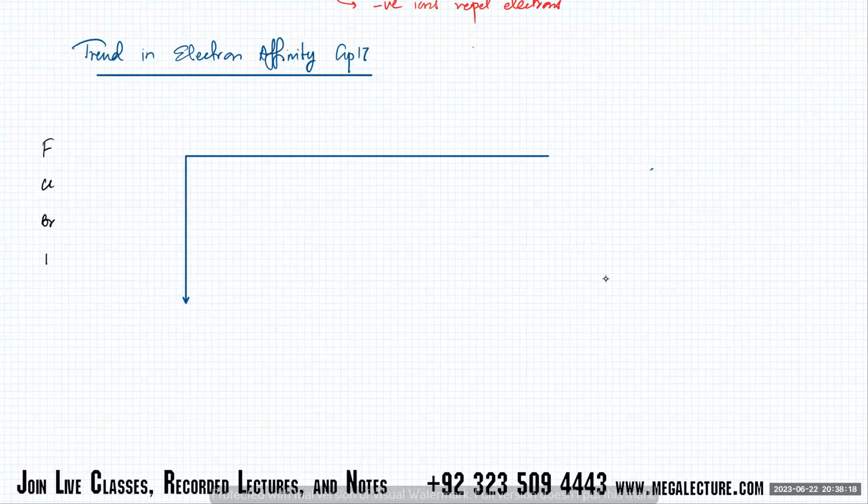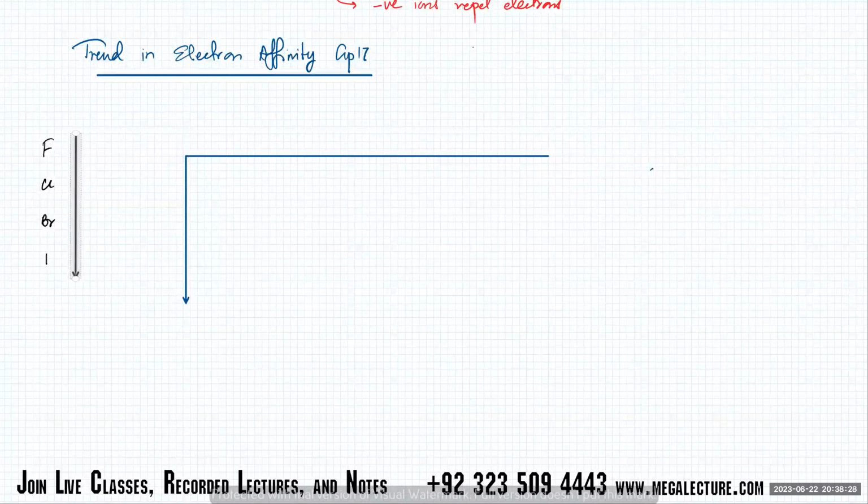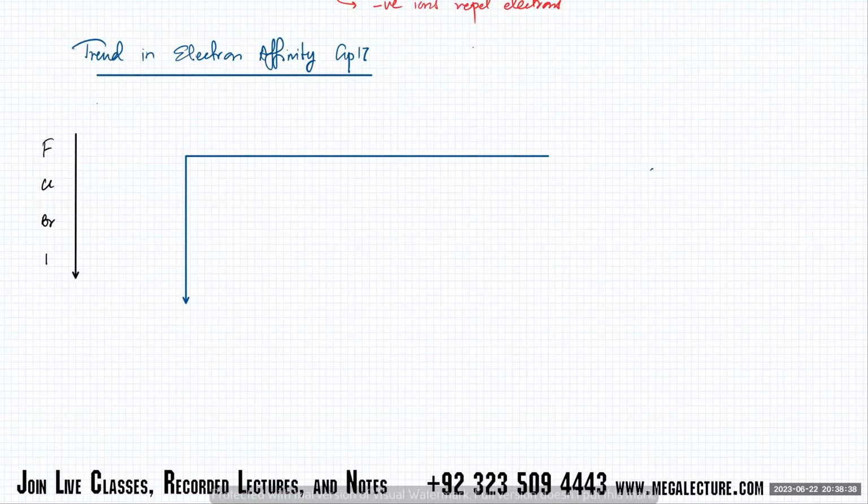So what do you think, Amit, what do you think would happen over here? Would it become more exothermic or less exothermic down the group? Do atoms like to gain electrons down the group? Which atom will have more attraction, fluorine or iodine? Which one really likes to gain electrons?